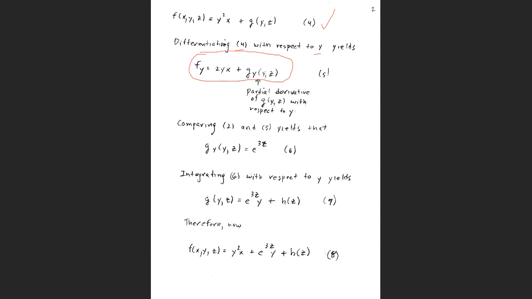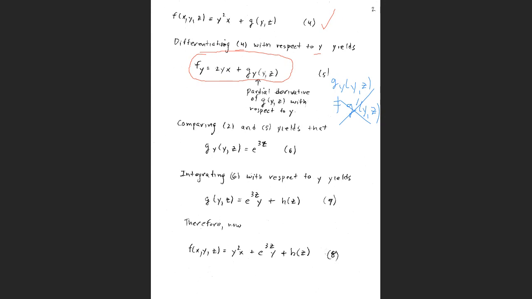Now you notice, for that equation 5, the partial derivative of g with respect to y is not equal to g prime of y z. It doesn't even make sense to say g prime of y z.